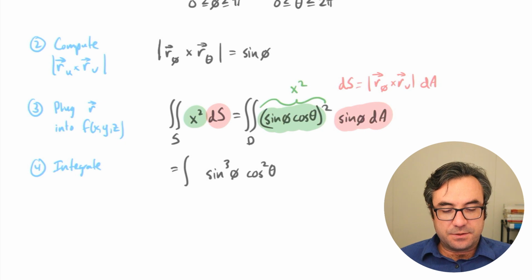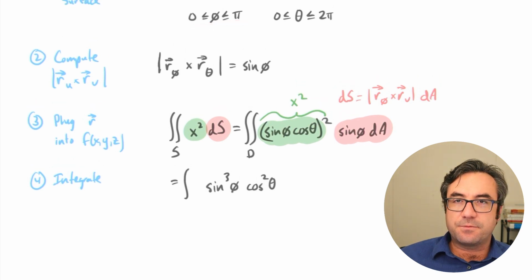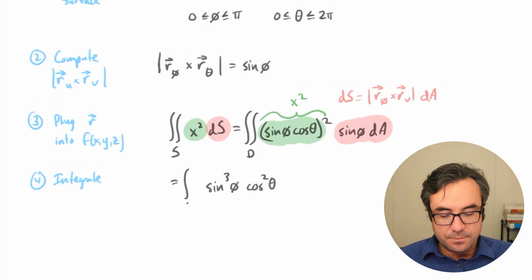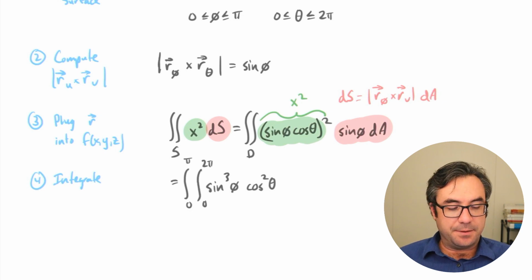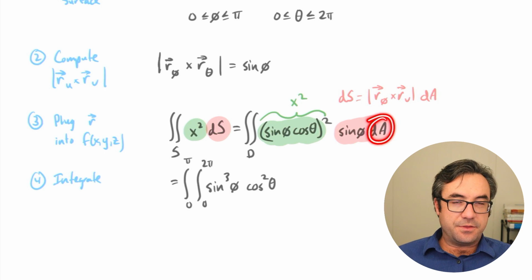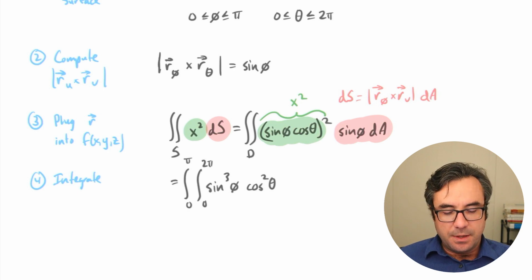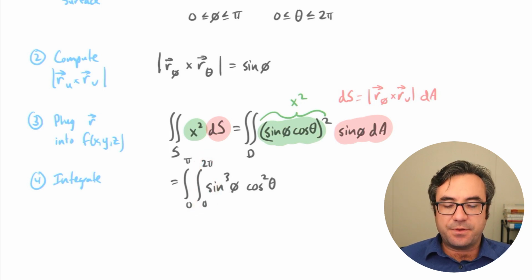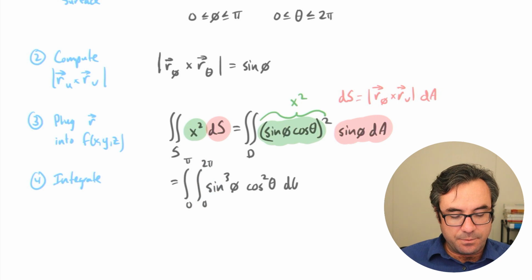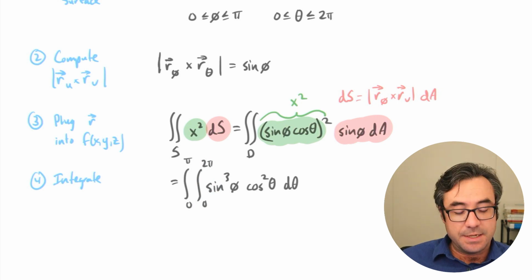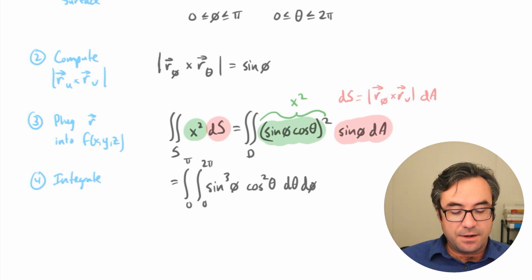What are our phi limits going to be? 0 to pi. And our theta limits are going to be 0 to 2 pi. When I convert this double integral differential dA, we're writing this as an iterated integral. I wrote my limits for theta on the inside, so my d theta differential is going to come first, and my d phi comes last.